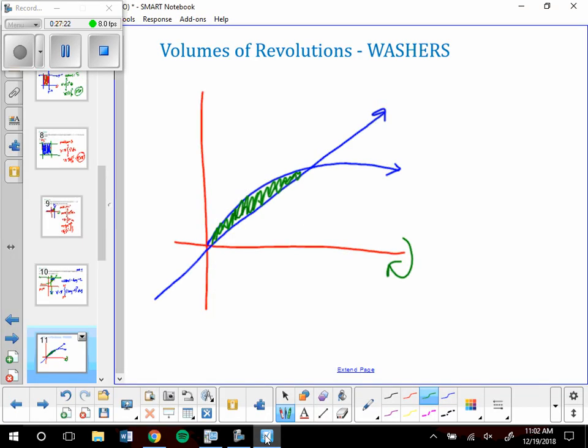So if I'm rotating around the x-axis, my outer radius is going to be, we'll call this top function, so as far away as I get from my axis, all the way down to the bottom. Does that make sense? I'm going to let that entire thing rotate around, and we'll call that big R of x.